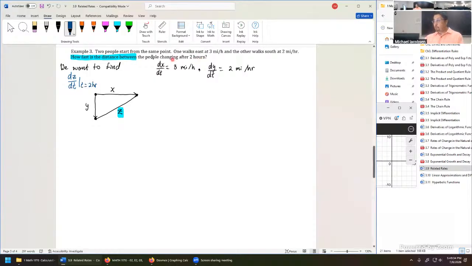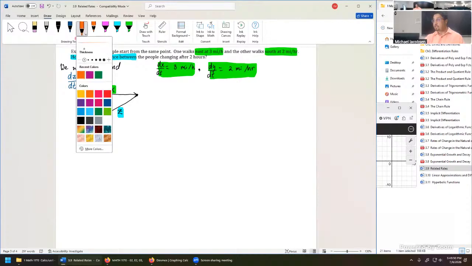If we can find the value of this derivative right here, our work is done. So we have two known derivatives, dx/dt and dy/dt, coming from this piece of information, which involves the x and y variables.